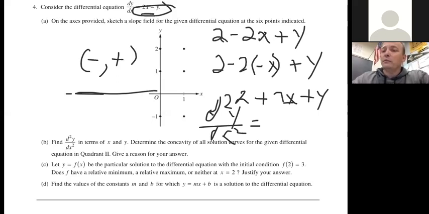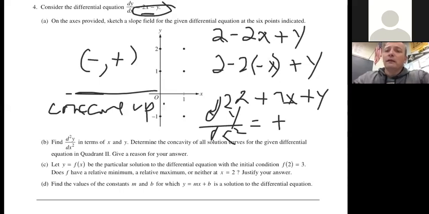So in quadrant 2, that means the second derivative of y is positive. So therefore, the answer is concave up in quadrant 2.